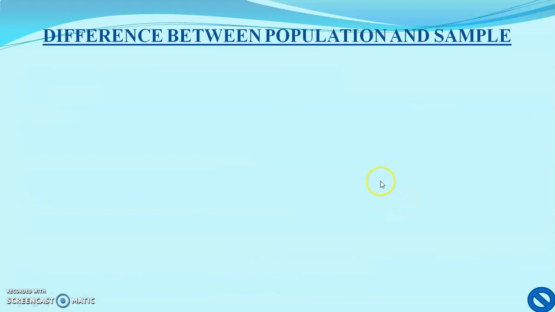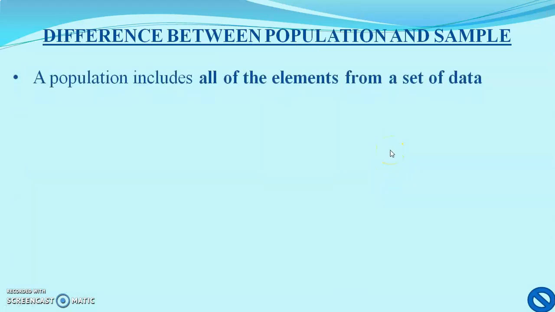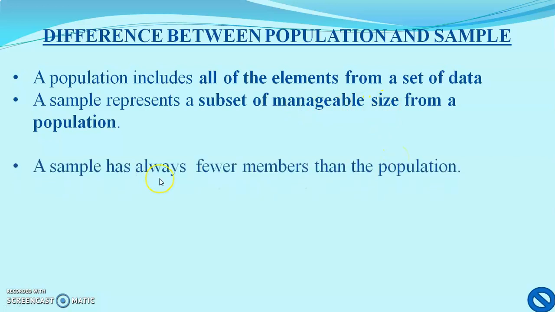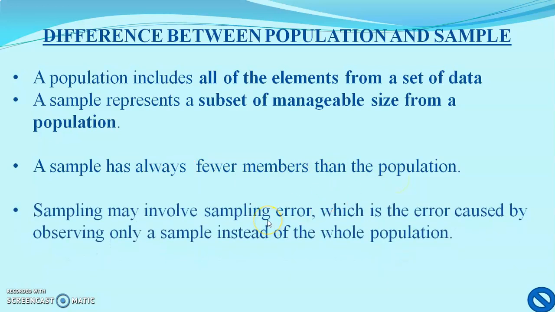Now you can see the difference between population and sample. A population includes all of the elements from a set of data, but a sample represents only a subset of manageable size from a population. So definitely the sample has always very few numbers than the population. Sampling may involve sampling error because there are different methodologies for selecting sample, and the selection of sample should be at random. If we consider some peculiarities for some part of the population, it will cause bias in selecting the sample.